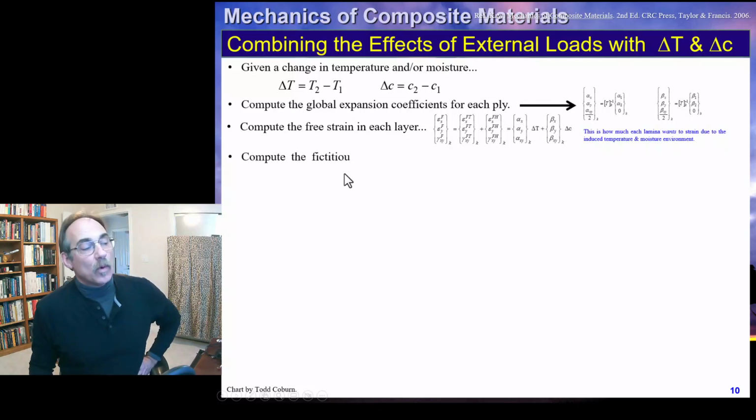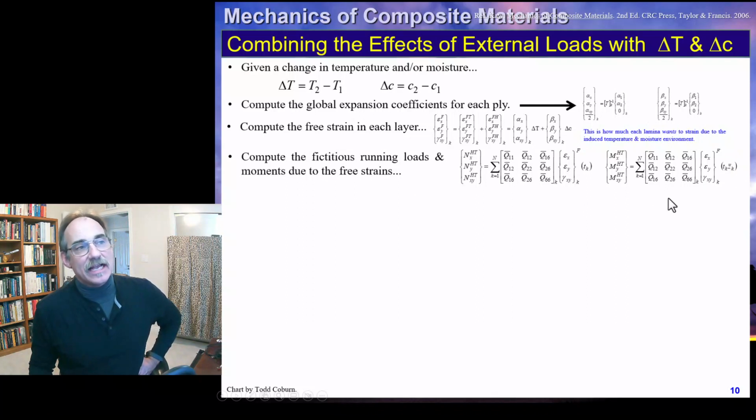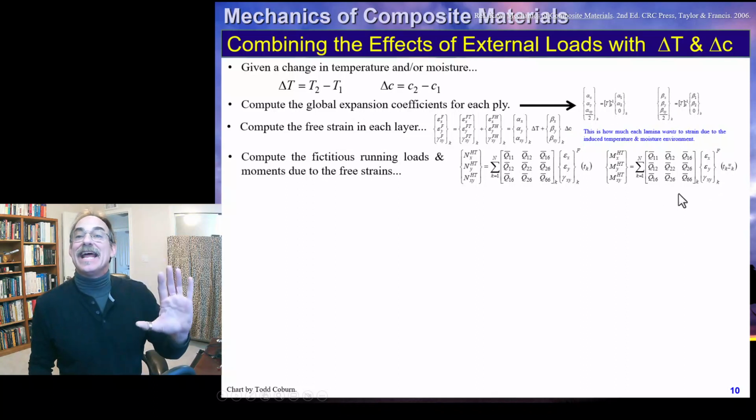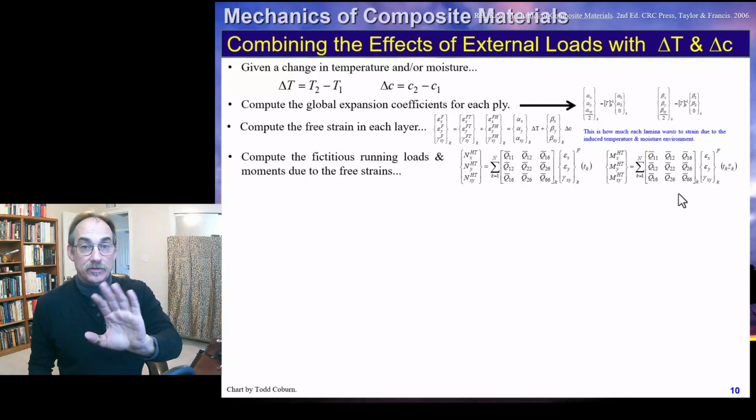We're going to calculate the fictitious running loads and moments due to the free strains in the same manner as we did before. You got that? Now, so far, all of this is identical to what we did on the last slide, because in the last slide we dealt with moisture and temperature. And now we're going to do the same thing, but we're also going to introduce external loads, so stay tuned.